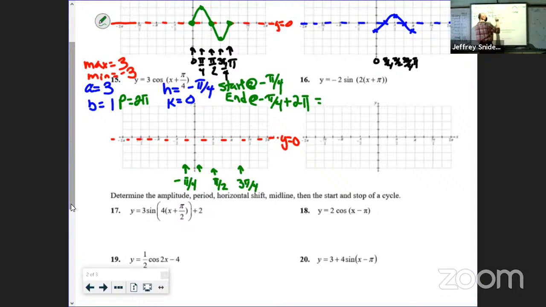Now wait. Why? Because this turns into what? 8 pi/4. 8 pi minus 1 pi is 7 pi/4. Oh, Mr. Snyder, you tricky man, you. So 7 pi/4 is what? Way down here. Here's 7 pi over 4.